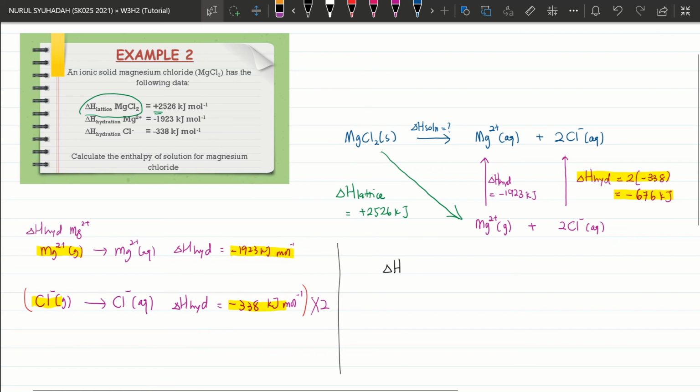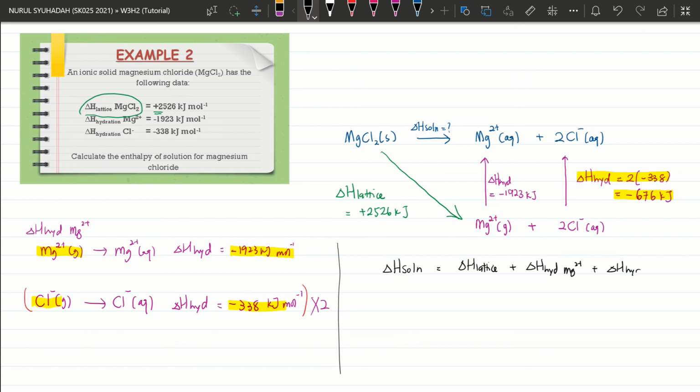After you finish with the energy cycle diagram, do your calculation. So write down the equation first. Delta H solution equals delta H lattice plus delta H hydration for Mg2+ and plus delta H hydration for Cl-, because we separate the delta H hydrations right now. Separated values are given.